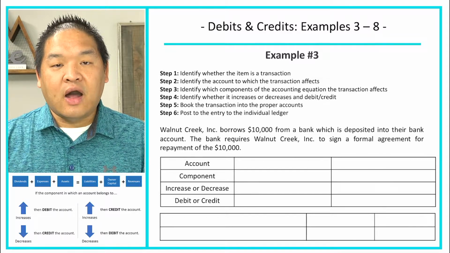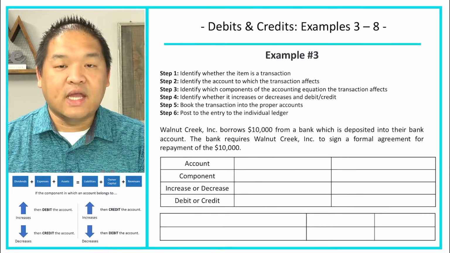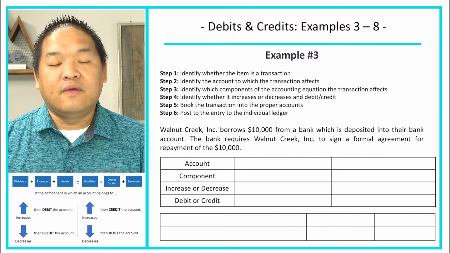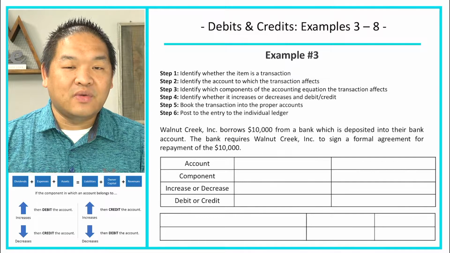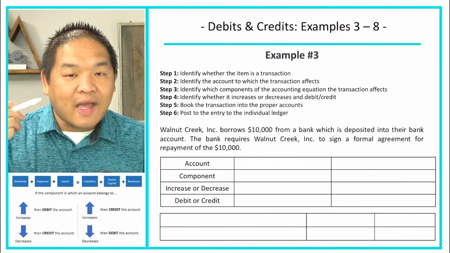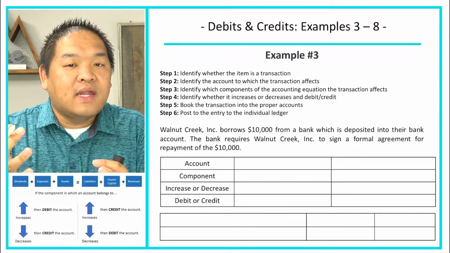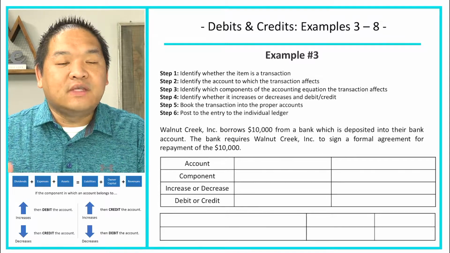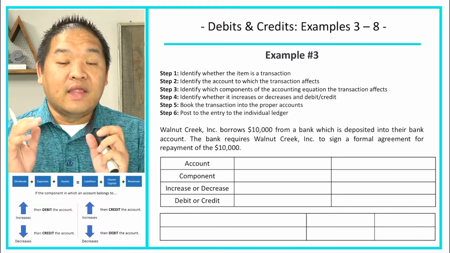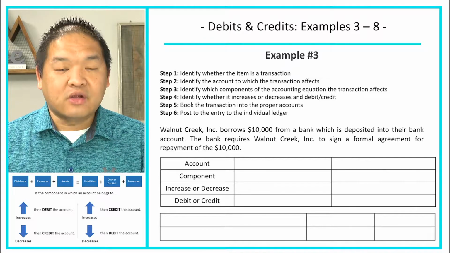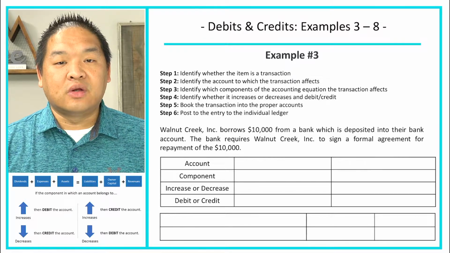So a lot of students often ask, why do we go through those 12 boxes, especially if you already know it? Well, we go through this because we want to help you understand what questions you should be asking yourself in your brain as you're solving these transactions from a journal entry standpoint. So then at the very bottom, we've got our journal entry boxes to actually do our journal entries.